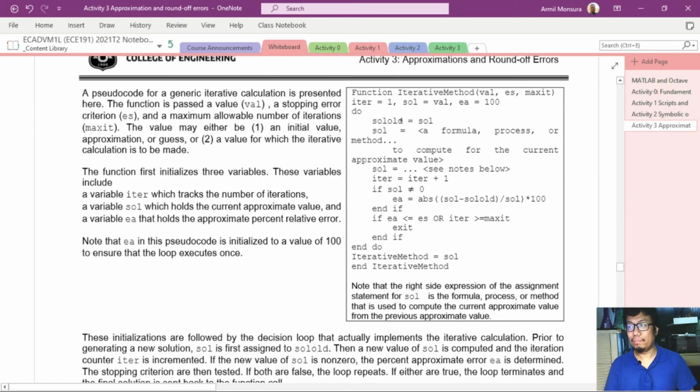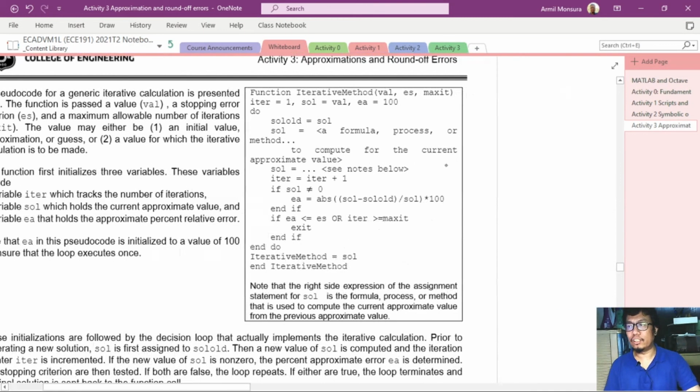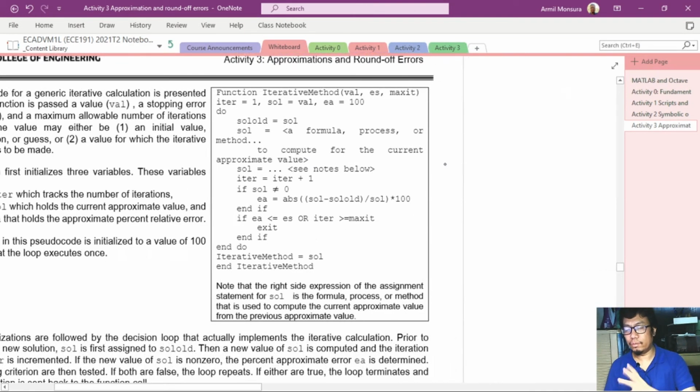For example, many of these will not apply to MATLAB. Many of these things here are not really consistent with the syntax in MATLAB. But this is the idea that the pseudocode would wish to convey.